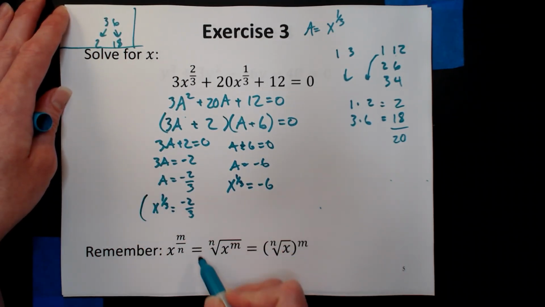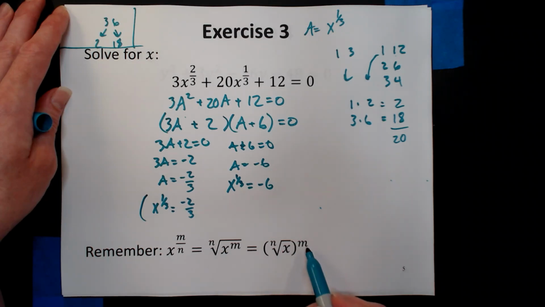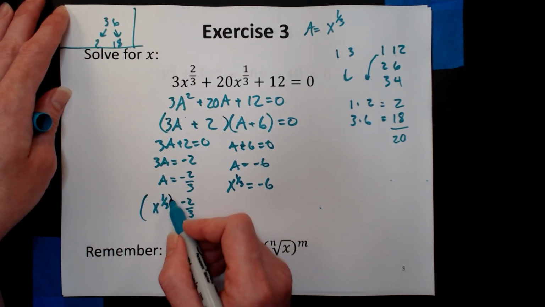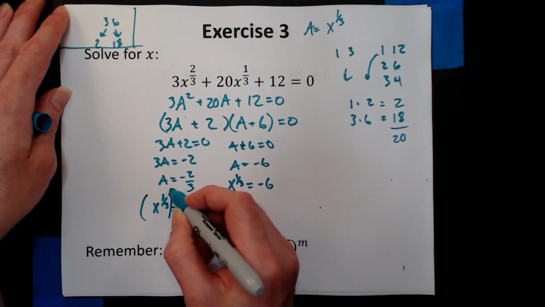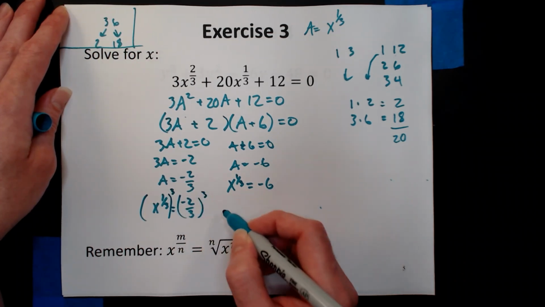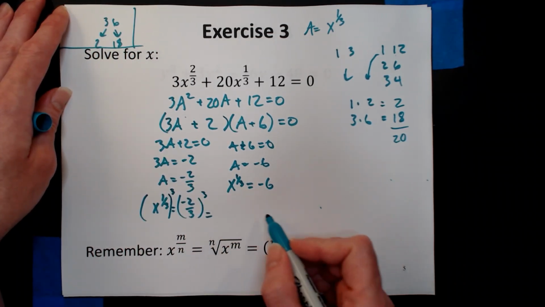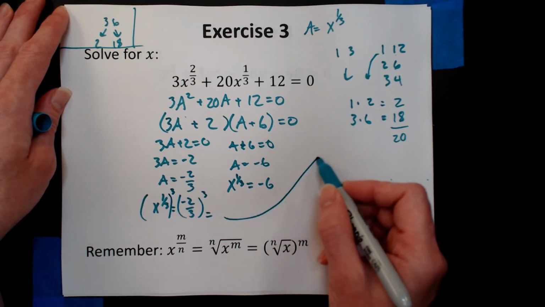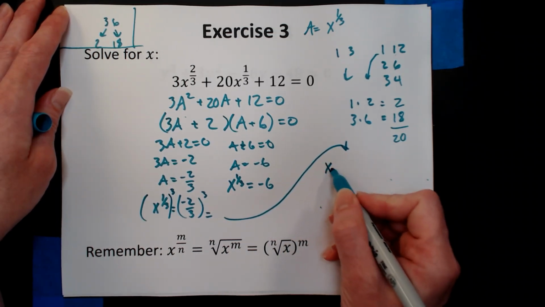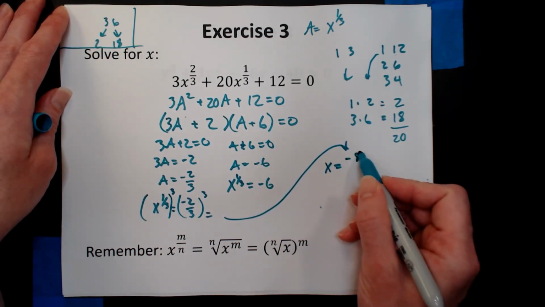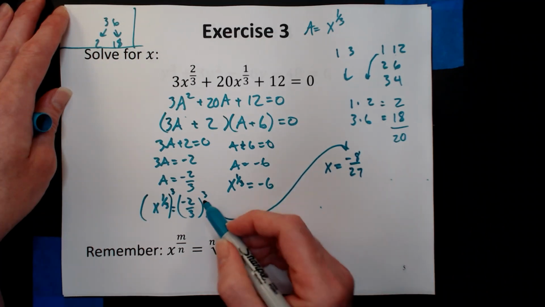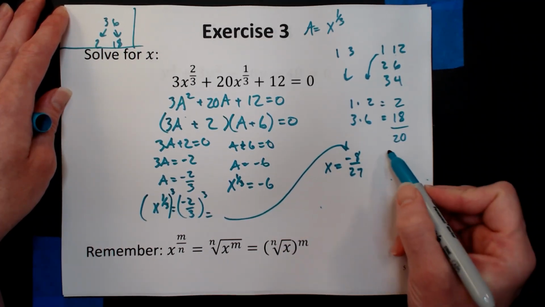I need to cube both sides. Remember, if we want to undo a root, I'm going to have to raise it to that power. So here I'm going to cube this, top and bottom, and I get x equals -8 over 27, because that's -2 cubed and 3 cubed, which is 27.